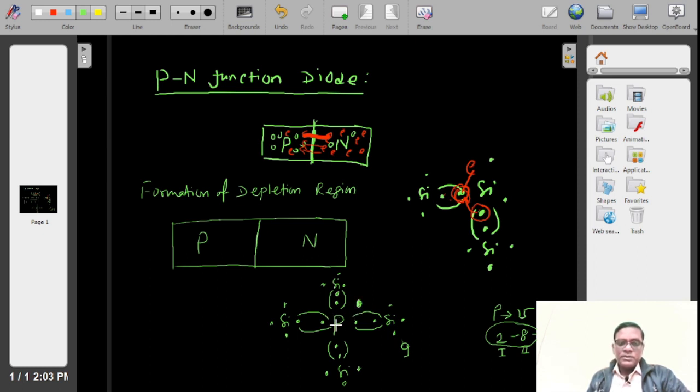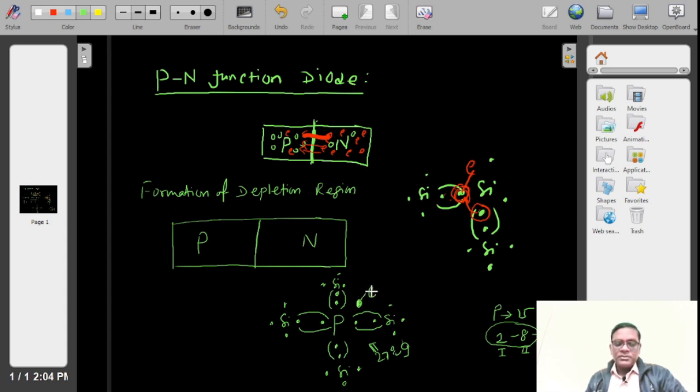So this phosphorus will receive some energy from somewhere, and even if you bring this structure to room temperature, indirectly we are supplying 27 degrees centigrade. From this energy, this ninth electron will leave this phosphorus atom and become free.